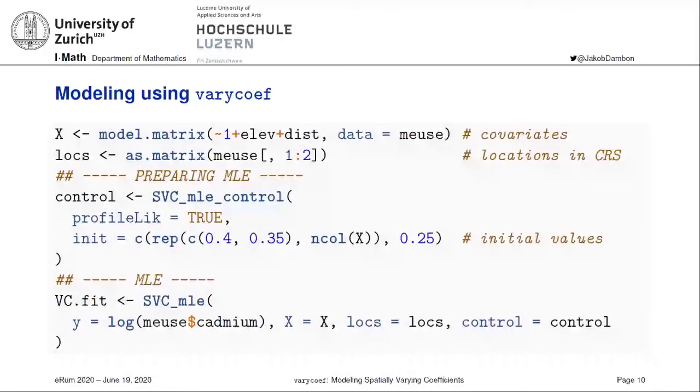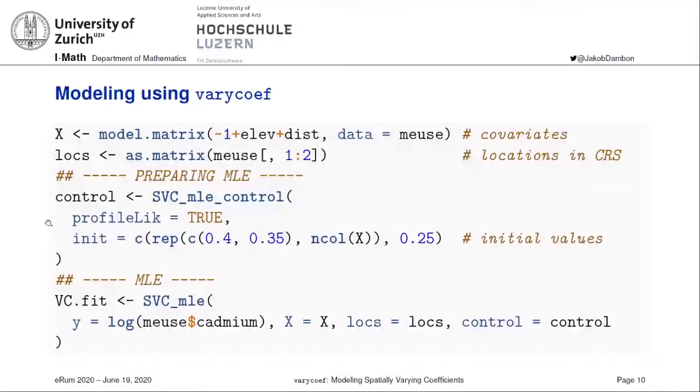Then there's a control function, which controls the optimization process. You have to set an initial value. You can set lower and upper bounds for the parameters if you want to. We implemented a procedure that works on a profile likelihood.